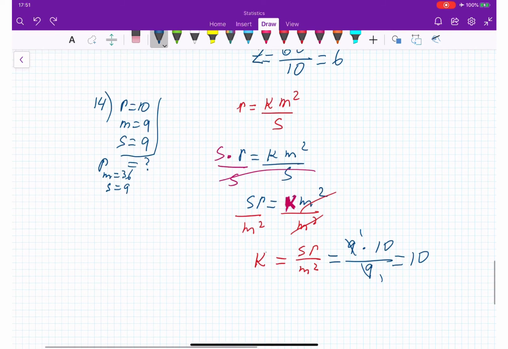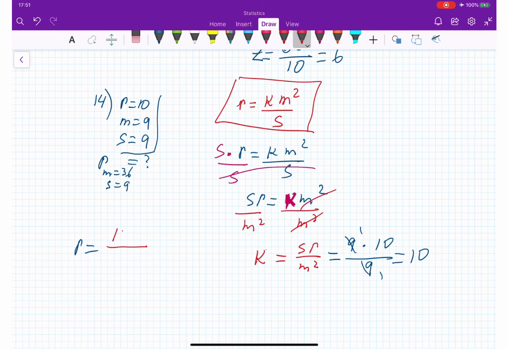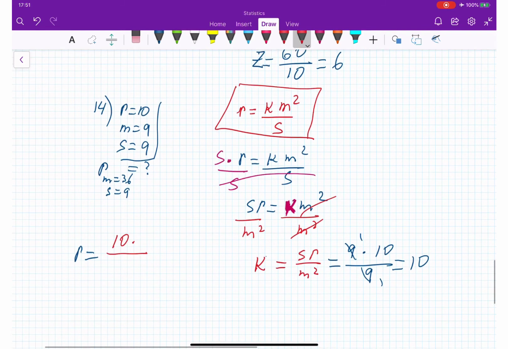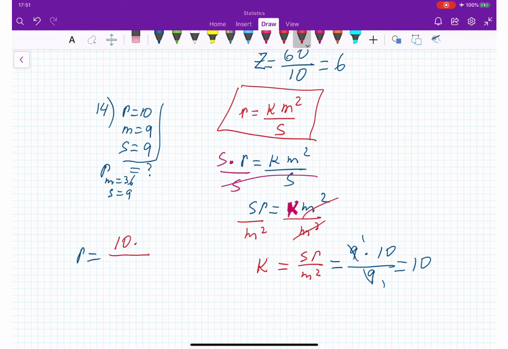So R is equal to, I'm using this formula, K is 10, m squared. Wait a minute, I didn't square it here, I apologize. I just noticed, it's going to be 81.